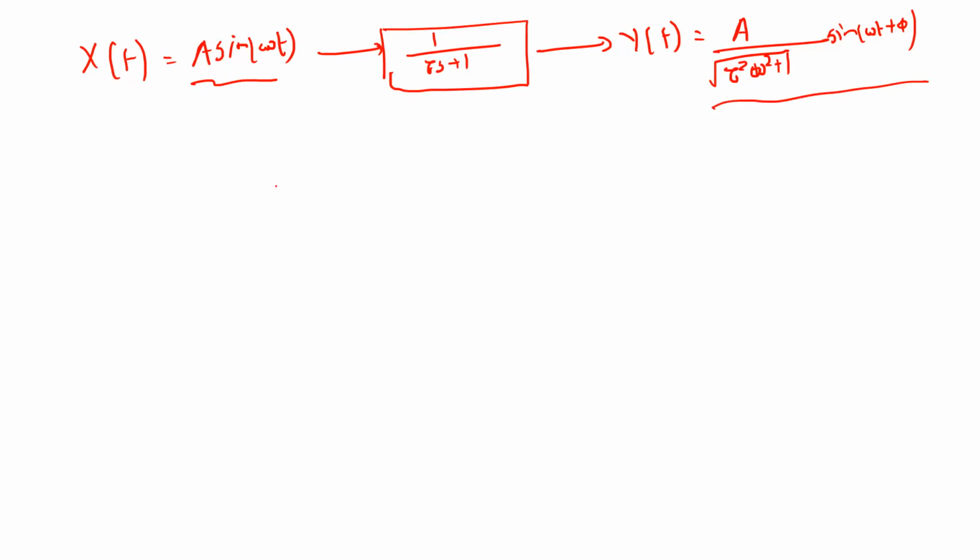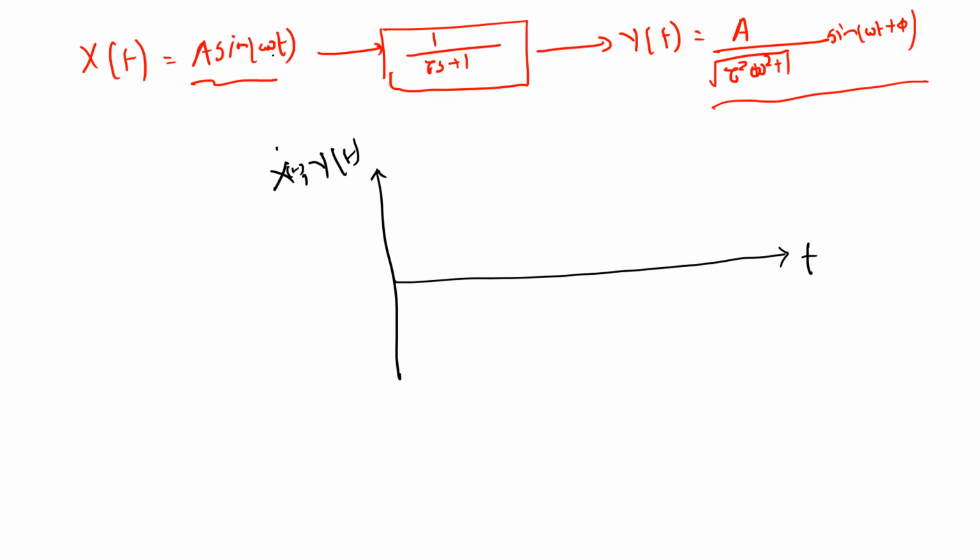So let's say I want to draw the profile of this particular input. Let's say this axis is t and this one is x(t) and y(t). The sinusoidal input is A sine omega t. Here A is called the amplitude of the sinusoidal wave.